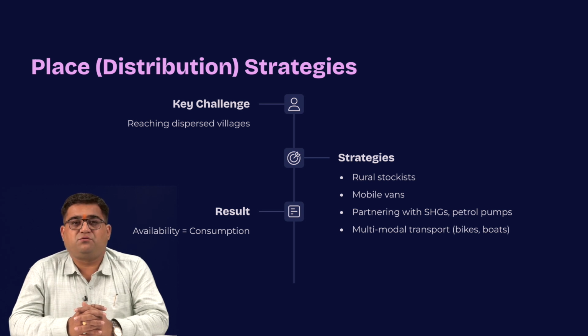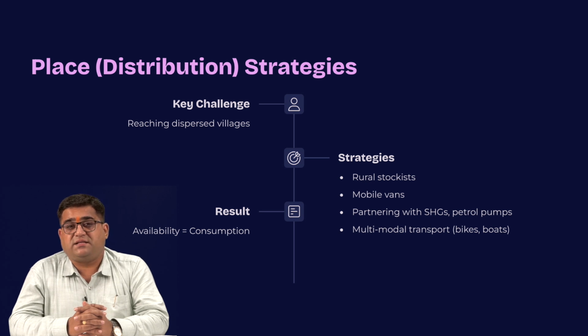Channel partnerships are crucial. Leveraging existing networks like Indian Post Office, petrol pumps, agricultural input dealers, or even self-help groups as distribution points are strategies that have been successfully employed. Maintaining a regular, reliable supply chain is another critical aspect.